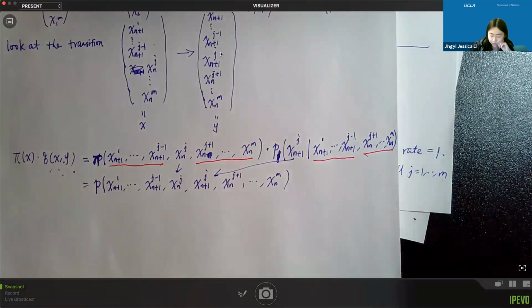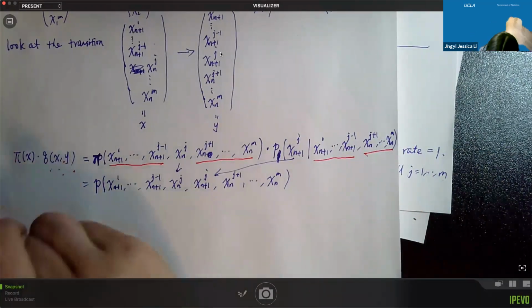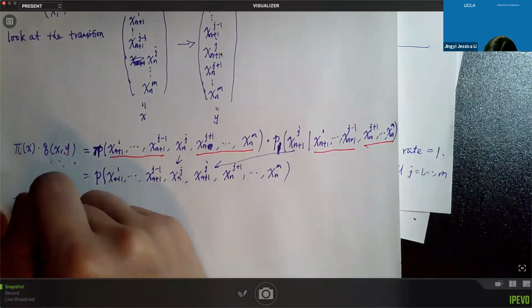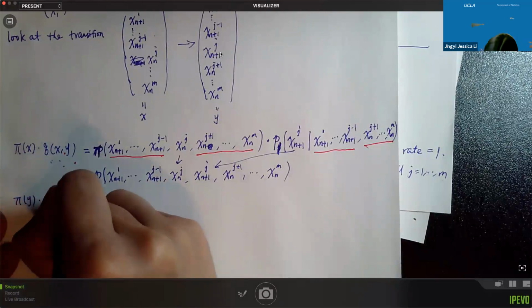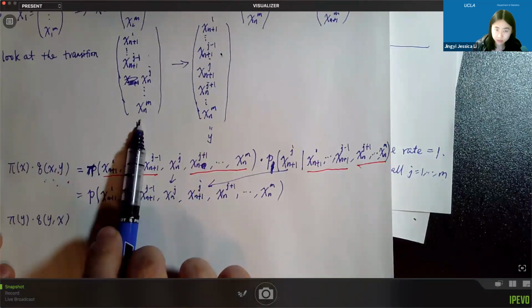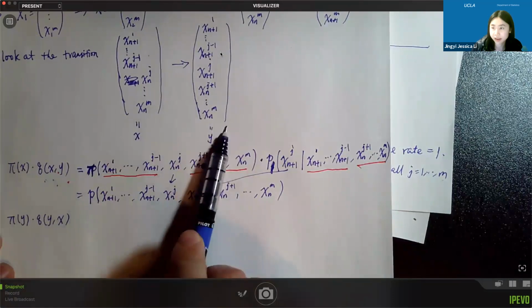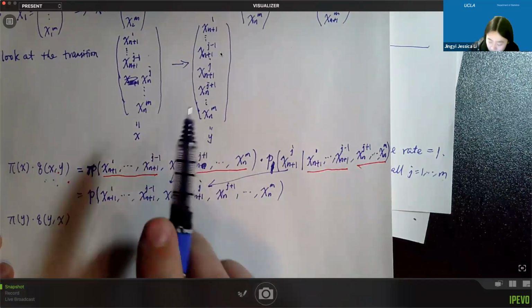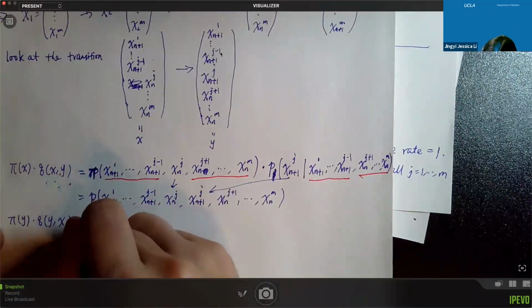And similarly, for the right-hand side, I'm going to write it as pi(y) times q(y, x), which means that I'm going to jump from here to here. Now this is my current value, and I'm going to evaluate my target density on it.